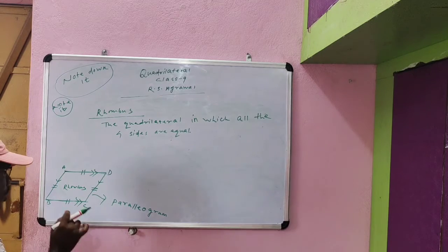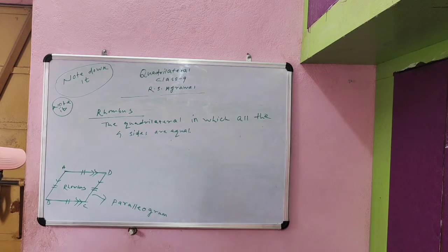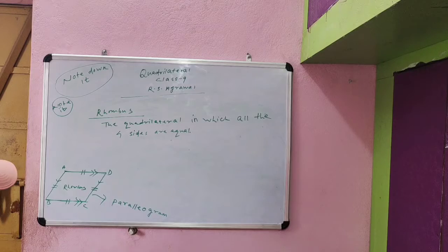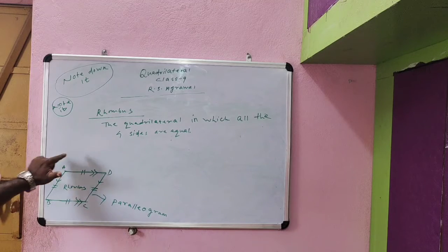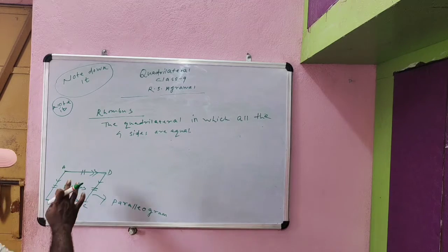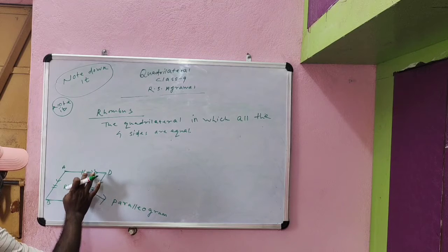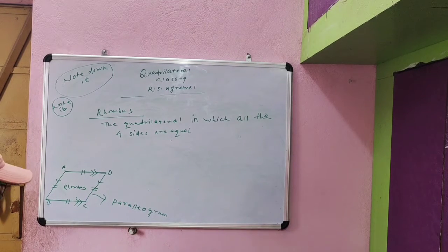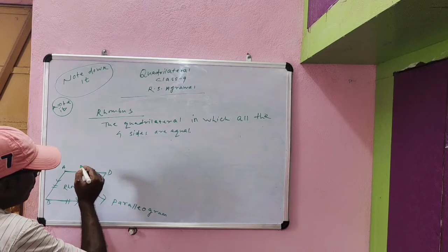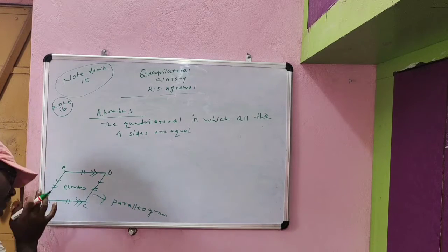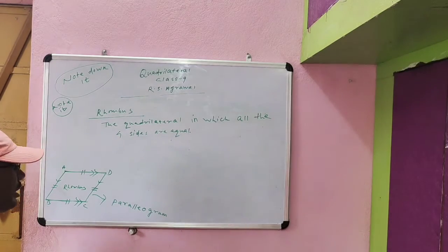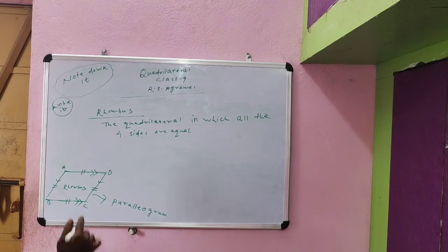Therefore, it is a parallelogram. Why is it called a rhombus? Because in this parallelogram, all the sides are equal. Therefore, it is specially called a rhombus. But actually, it is a parallelogram. So note it.